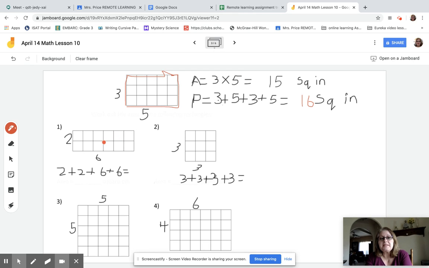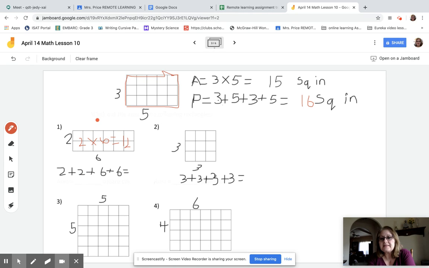Let's look at this next one. To find the area, it would be 2 times 6 equals 12, right? That would be the area of this shape here. To find the perimeter, it doesn't matter what order you add up each side.